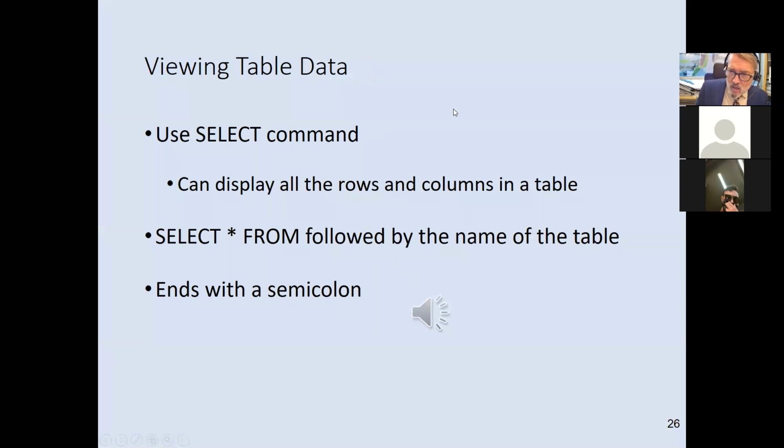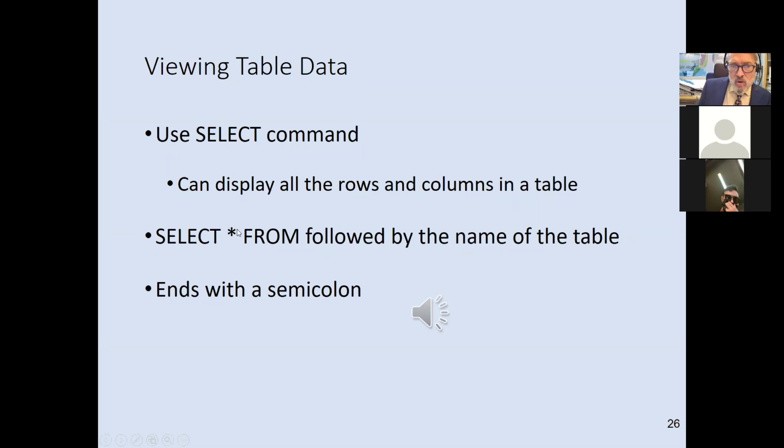Once you've got your data into your table, you can look at it, retrieve data using the select command. And so the select command has a certain way that it must be written. It's always like this: select. Now the star there represents a wildcard. Star just means all.